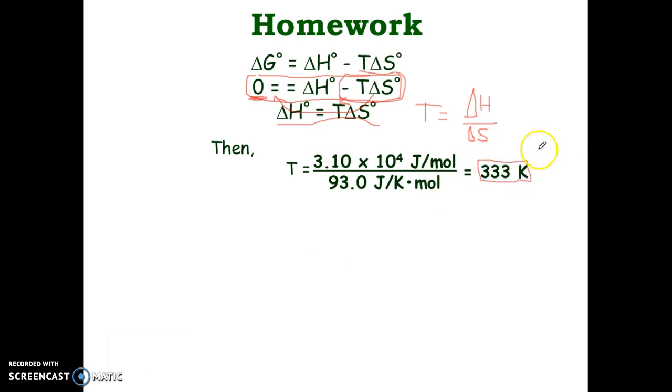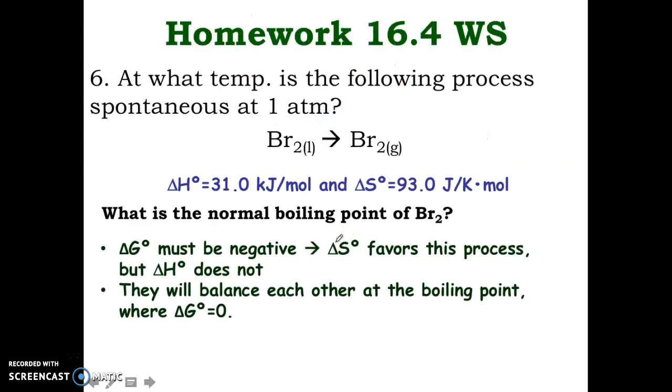This is the temperature at which I'm at equilibrium. But remember, the question didn't ask that. The question asked, at what temperature does this reaction occur? What I just figured out is where I'm at equilibrium, where the phase change is occurring. So is this reaction going to occur above that temperature or below that temperature?